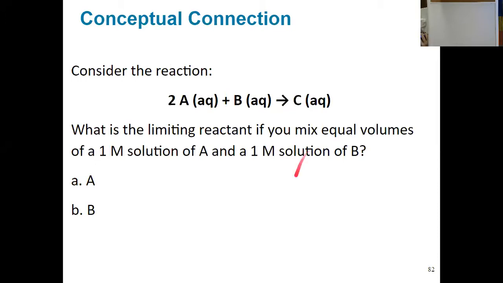So you can imagine that if you have a 2-to-1 ratio here, that you're going to be using up your A twice as fast as the B. So if you have the same molarity of each and you have equal volumes of each, that means that you're going to be running out of A before B.